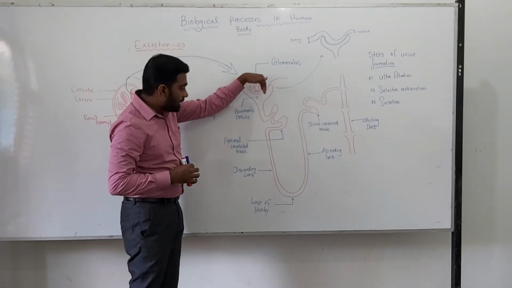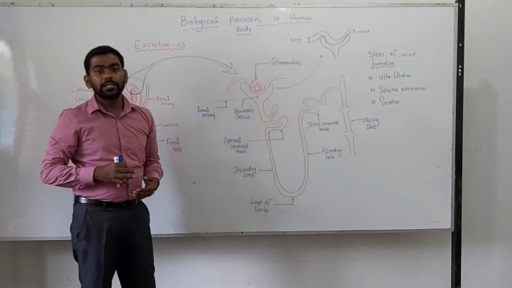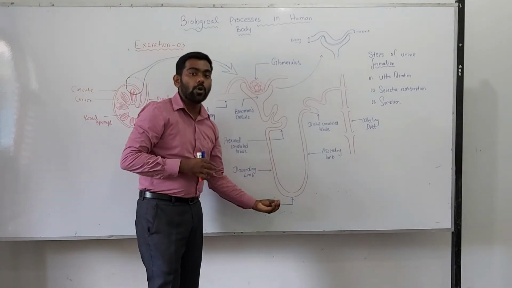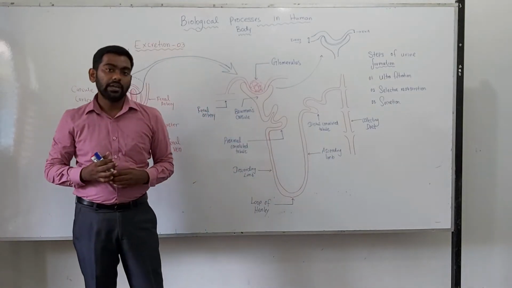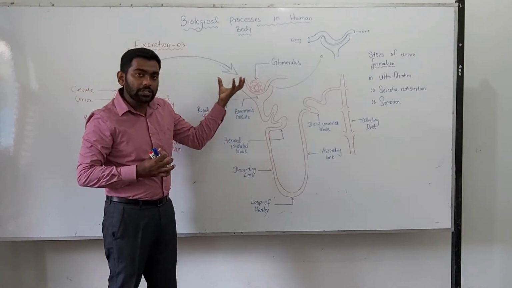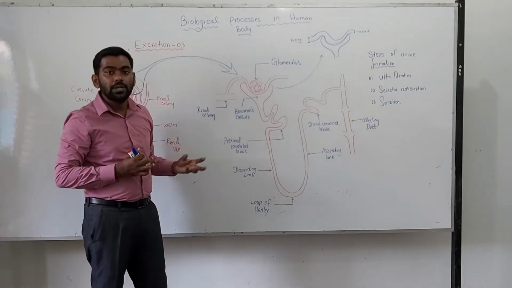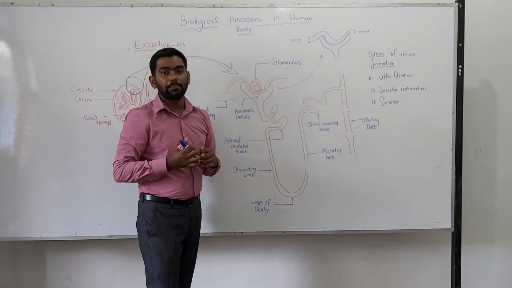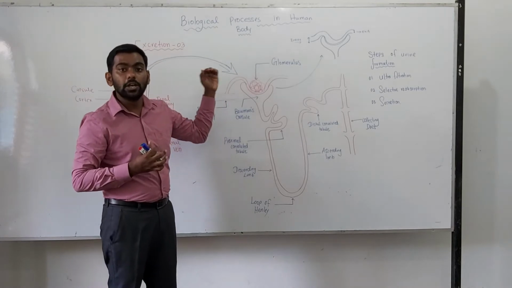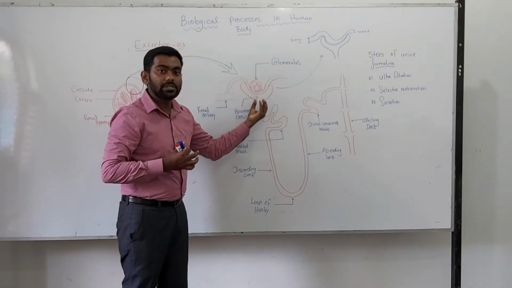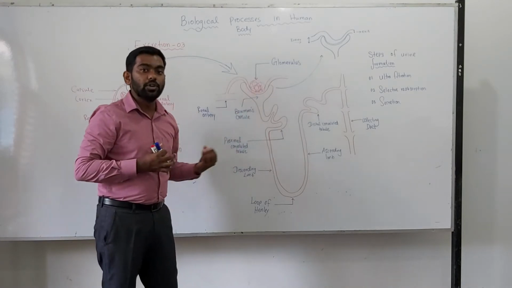Then it goes down, we call that the descending limb, and it takes a U-turn, we call that place the loop of Henle. Again, there is a cup-like structure called Bowman's capsule. Into it we have a network of blood capillaries known as glomerulus, and the Bowman's capsule is lengthened by different tubular structures.